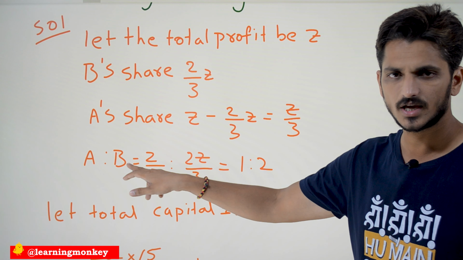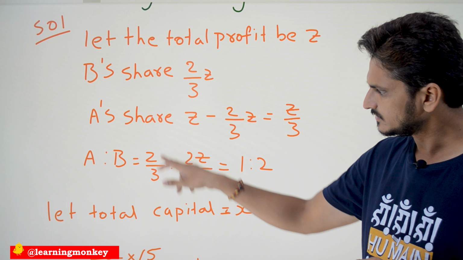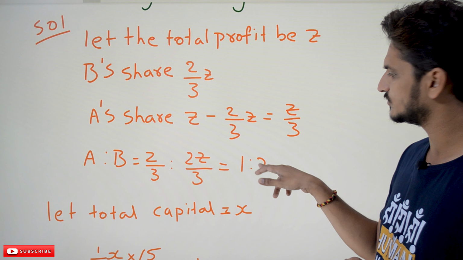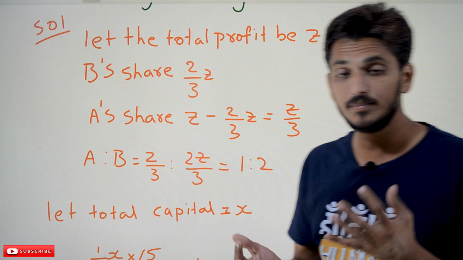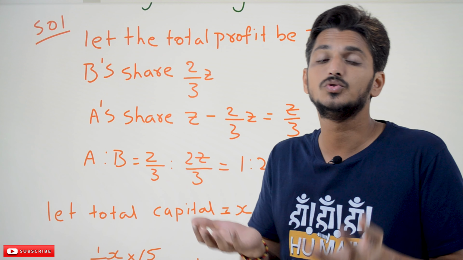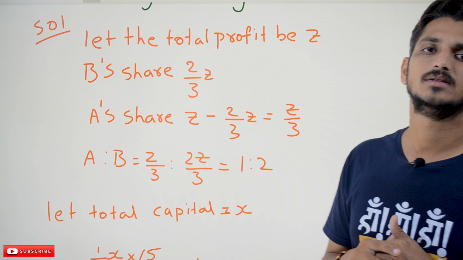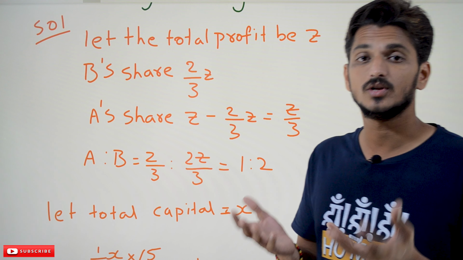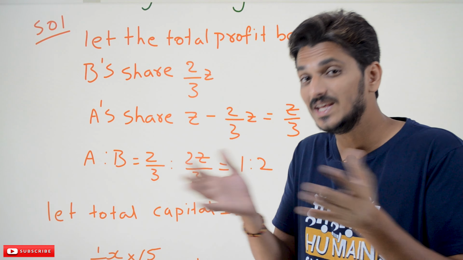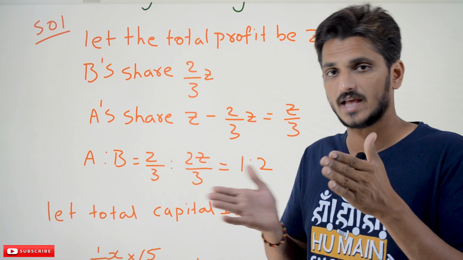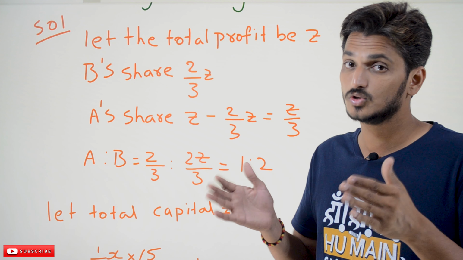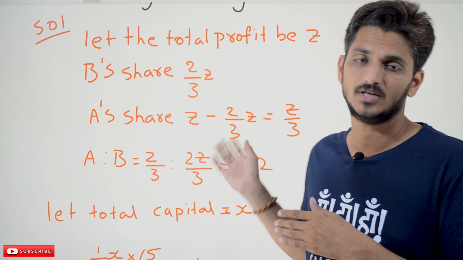So A is to B is Z by 3 is to 2Z by 3, which is 1 is to 2. A and B's profit ratio is 1 is to 2. These Z's get cancelled. Whenever you take ratios, you can assume any value, it will get cancelled, because ratios won't be affected by the Z value.